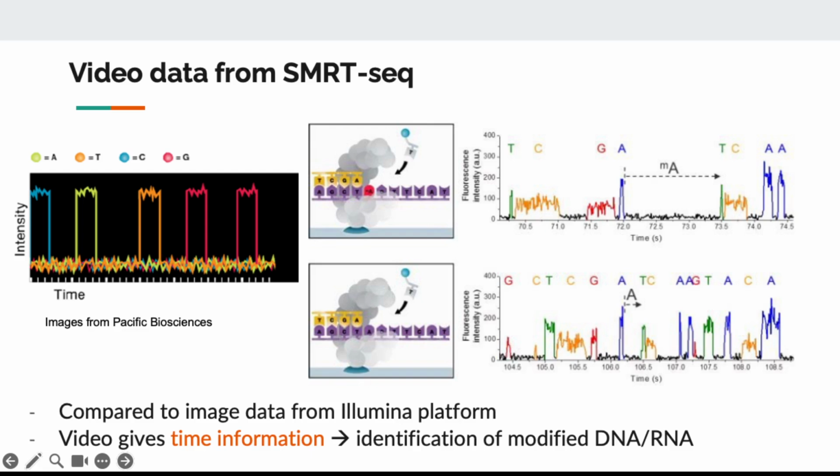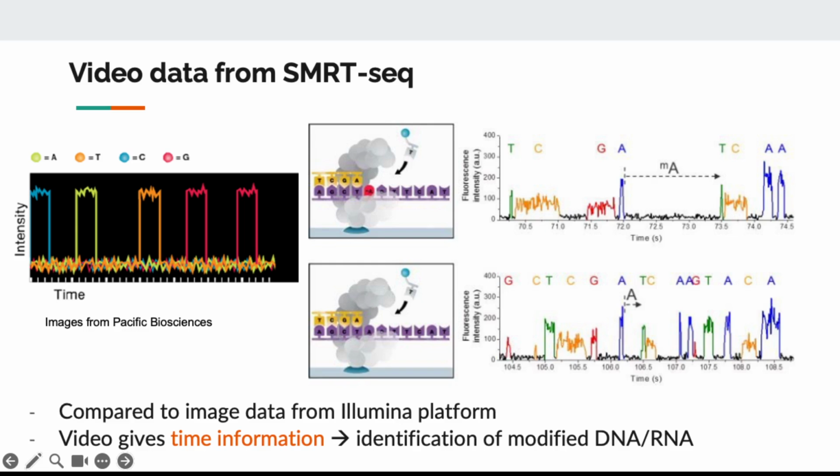But the thing is, when we look at the polymerization reaction, if we have a modified nucleotide, like a methylated nucleotide versus a regular nucleotide, it's structurally different and chemically different. So even though it's the same incorporation of an A, the incorporation of a modified A and a regular A will take different amounts of time.